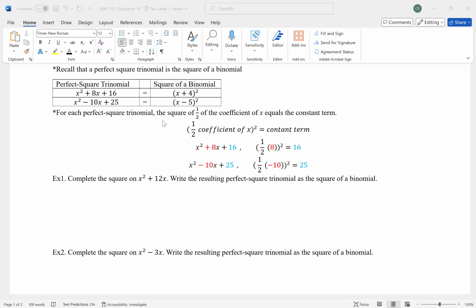Some of you like to do this the first way we talked about it, where you look at the 25 and think about two things that we can multiply to get positive 25, and we can add them to get negative 10.